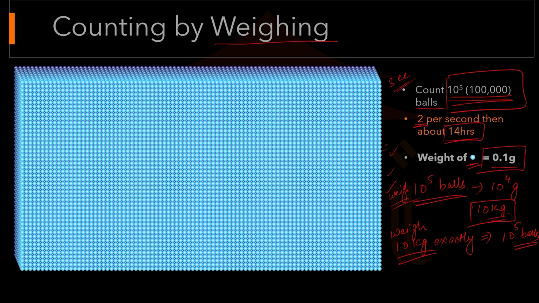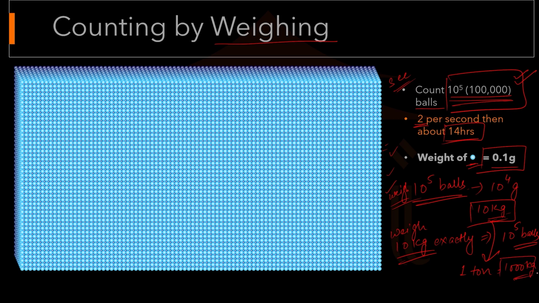Suppose someone asks you to count 10 million. 10 million means 100 times more than this. That means it will be 1 ton or 1000 kilos.